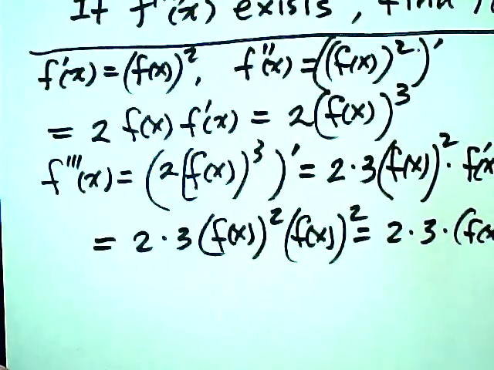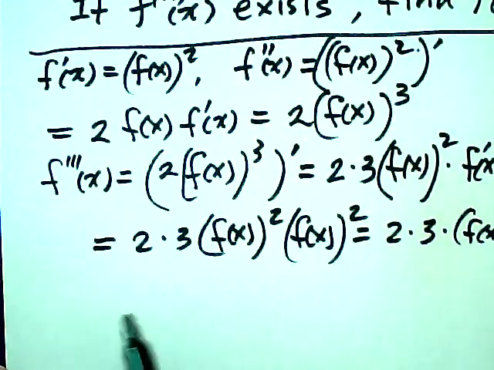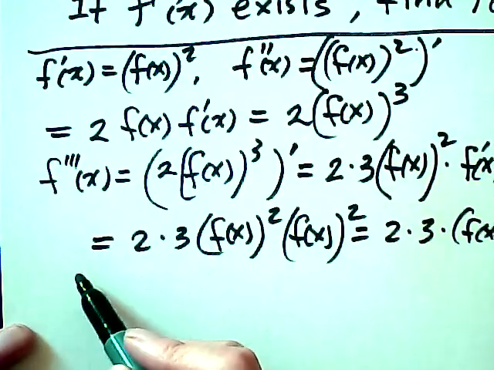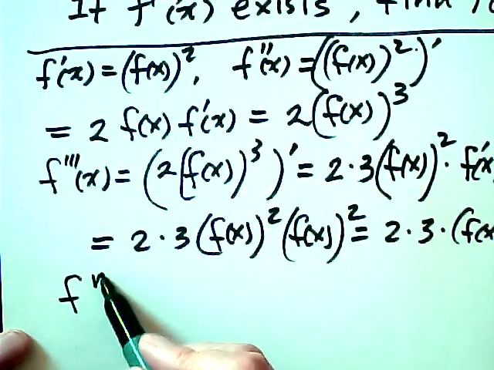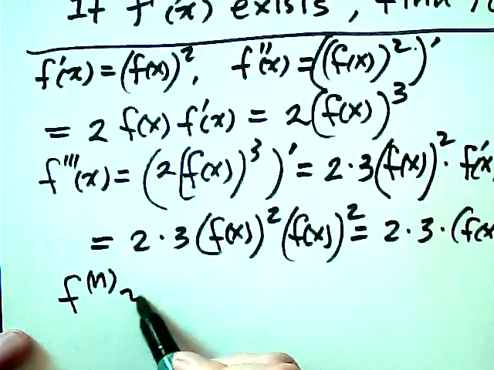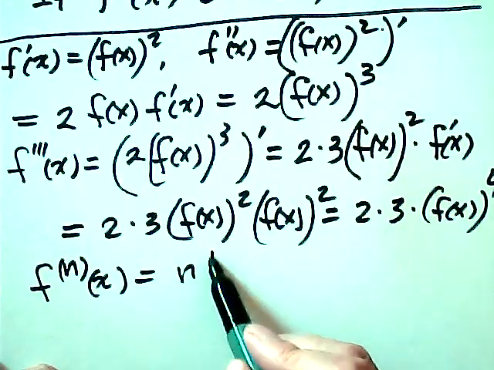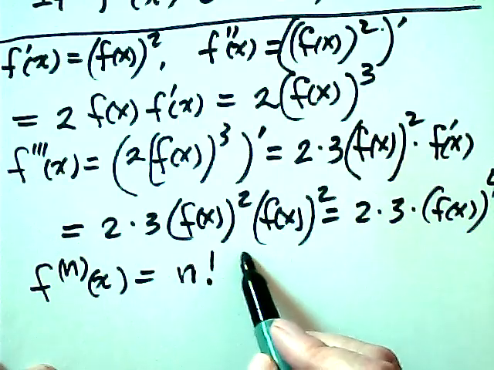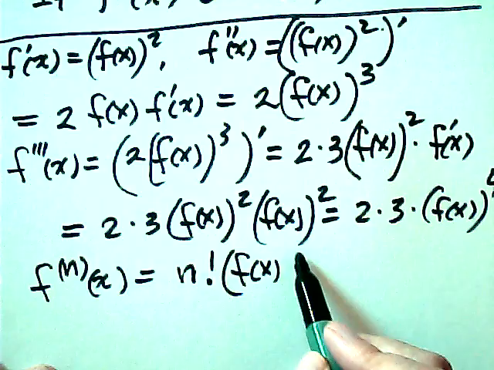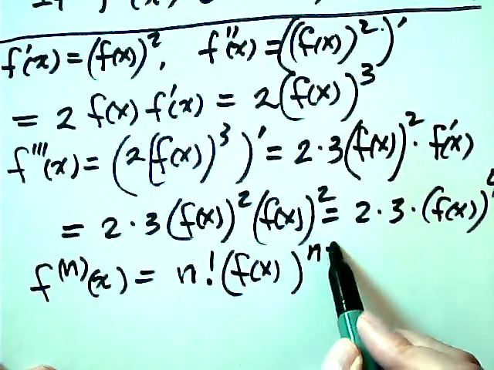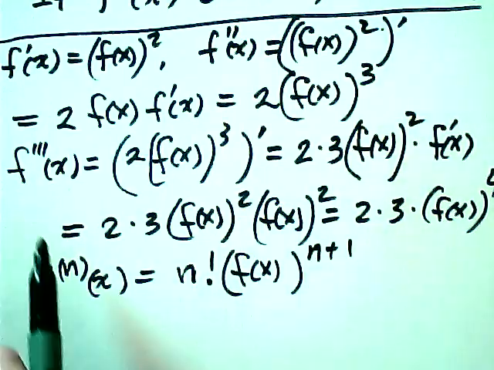Now, can we suggest that the nth derivative of f of x is equal to n factorial times f of x to the n plus 1?